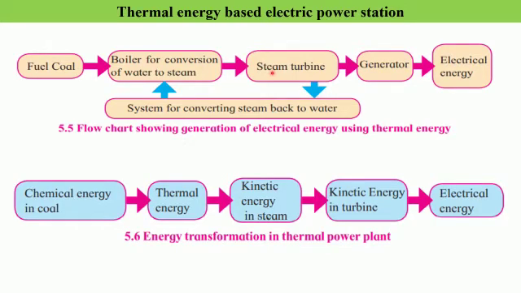Steam has very high temperature and pressure, and the force of the steam rotates the turbine. This turbine in turn starts rotating the generator, and eventually electrical energy is produced.